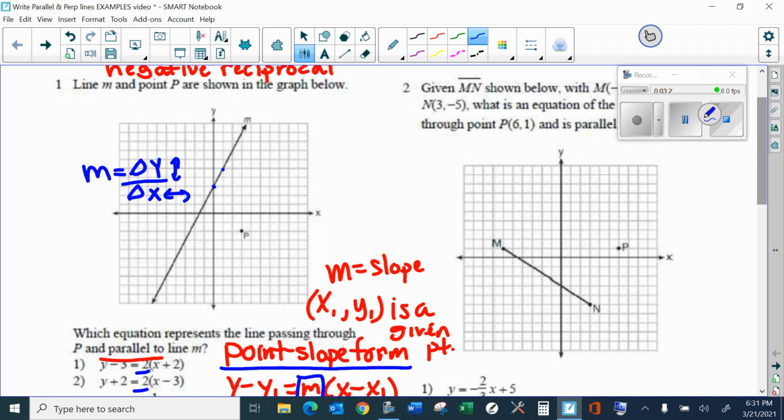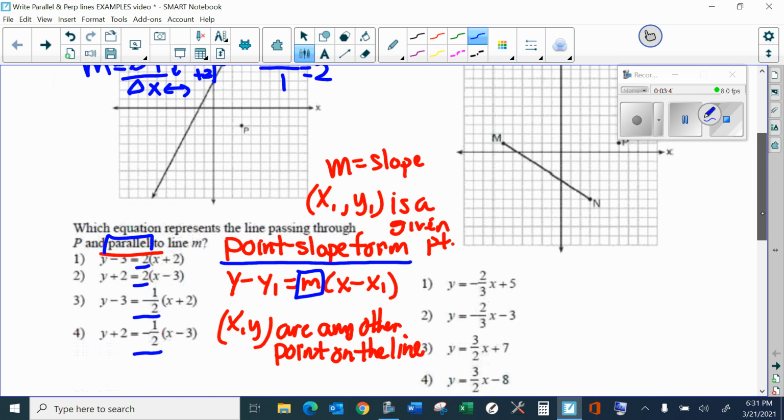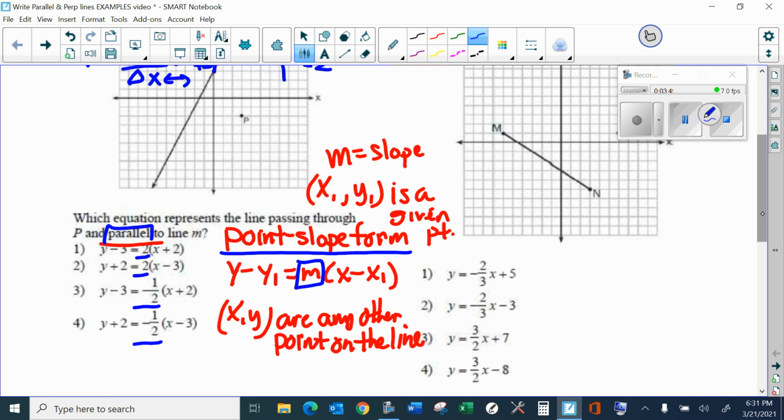So if I'm going from this point up, I'm going positive 2, and then I'm going right 1, so it's positive 1. Up or down is my y, so it's 2 over 1, which equals 2. And I want the same slope, because it's parallel. Parallel means same slope. So I'm looking for slope of 2. Here's a slope of 2. So both of 3 and 4 are gone.